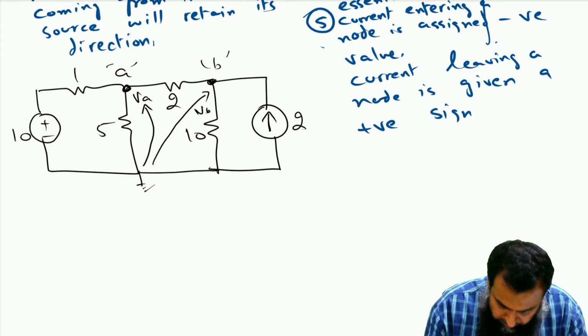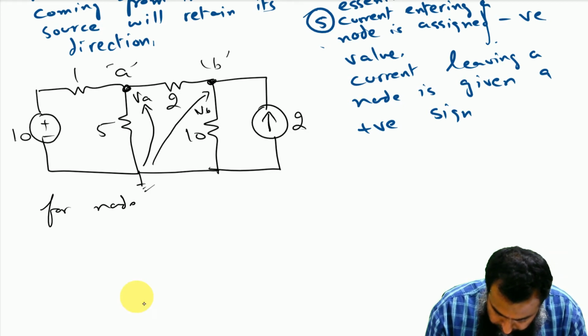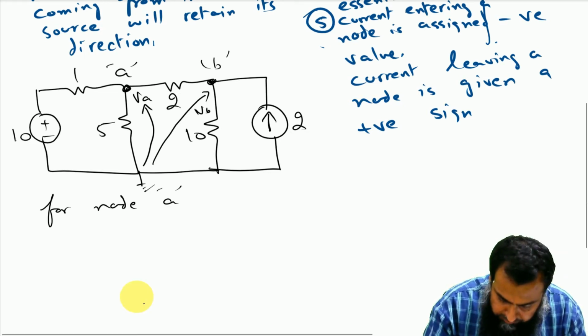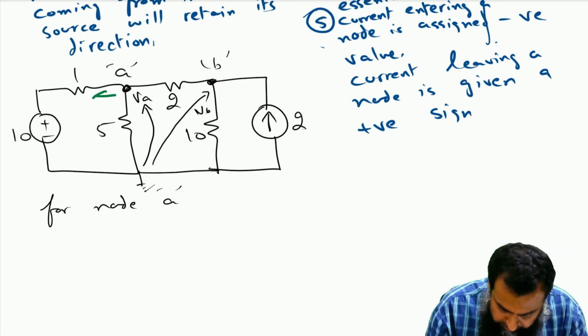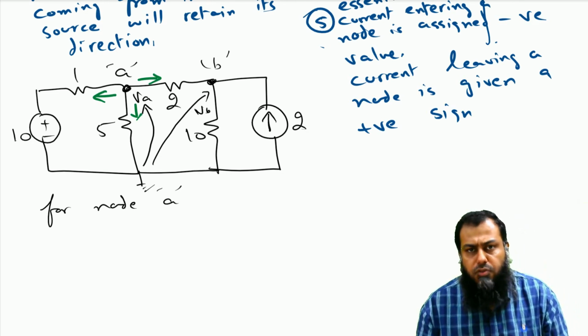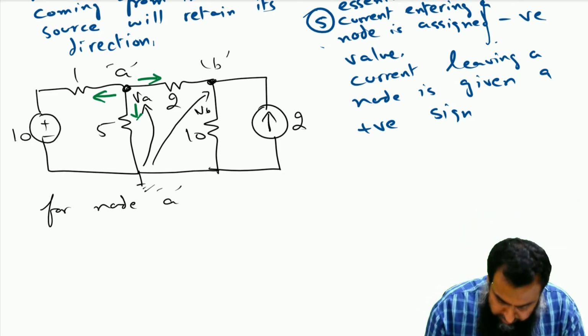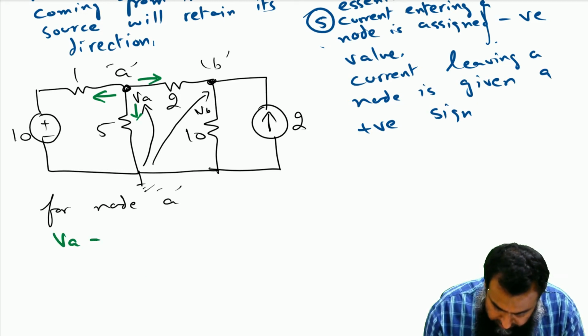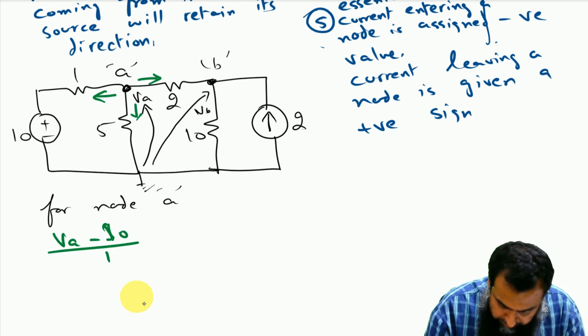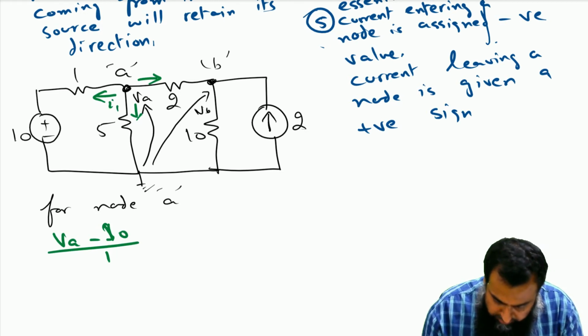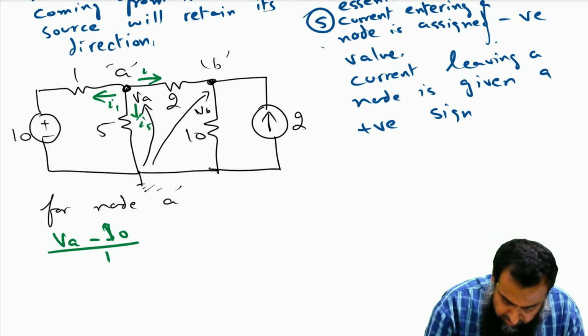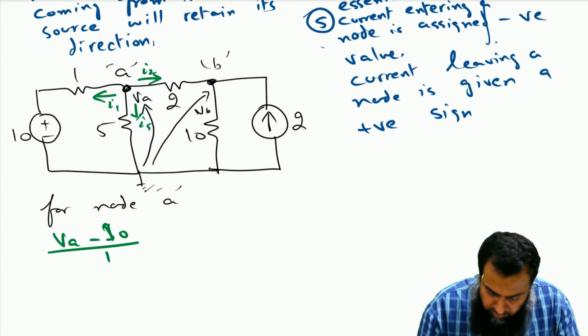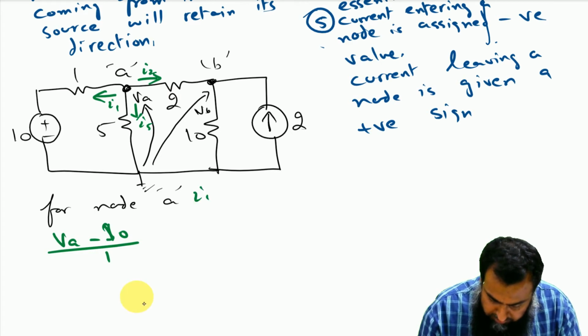So for the equation for node A, we have this current leaving, this current leaving, and this current also leaving, because there is no current source connected with this node A. So this is VA minus 10 divided by 1, and this corresponds to the current I1. Let us say this is I5 and this is I2. For node A, I1 plus I5 plus I2 equals 0.